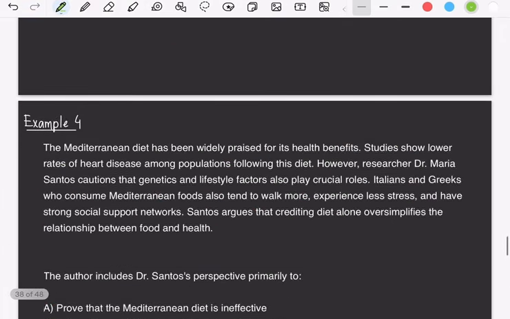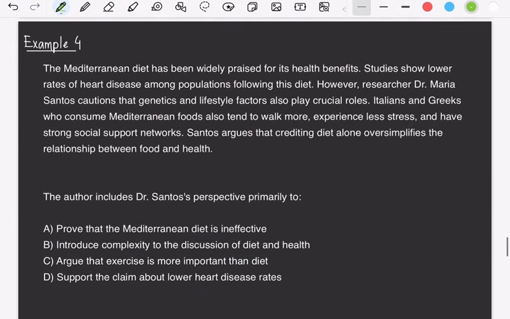Okay, so let's go to another example. The Mediterranean diet has been widely praised for its health benefits. Studies showed lower rates of heart disease among populations following this diet. However, researcher Dr. Maria Santos cautions that genetics and lifestyle factors also play crucial roles.